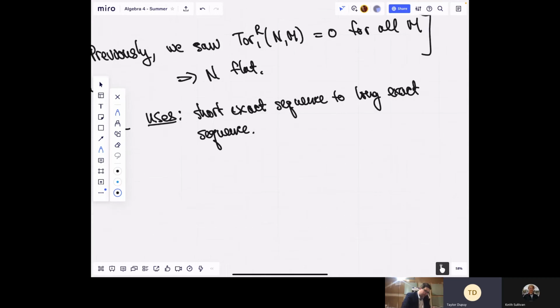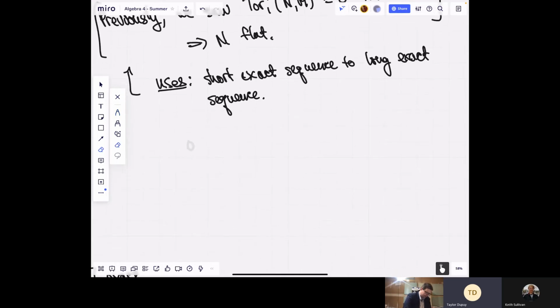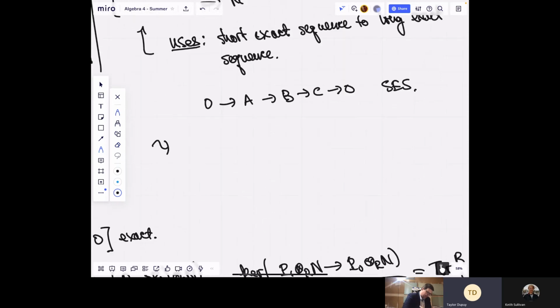Okay, so that was that. Again, this was something super useful: if you had N to A to B to C, a short exact sequence, then you get an associated long exact sequence. And how do you get the long exact sequence, or what does the long exact sequence look like?